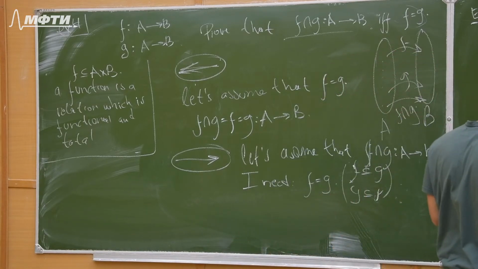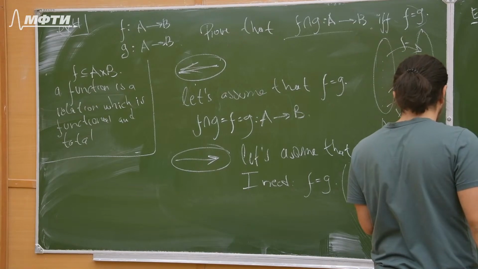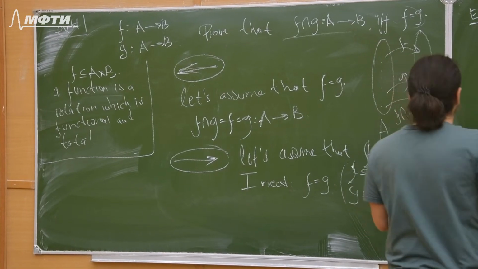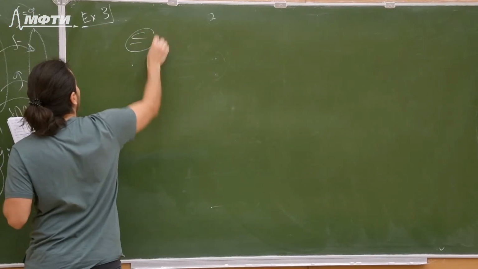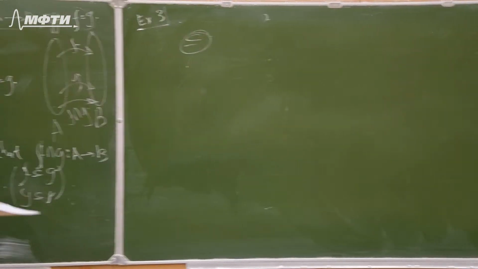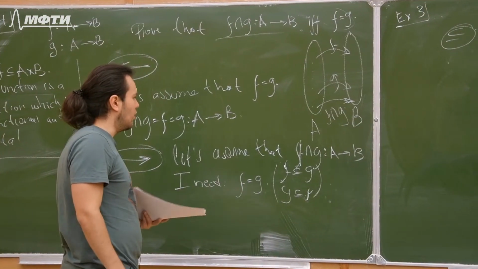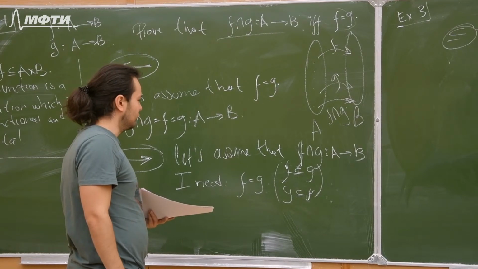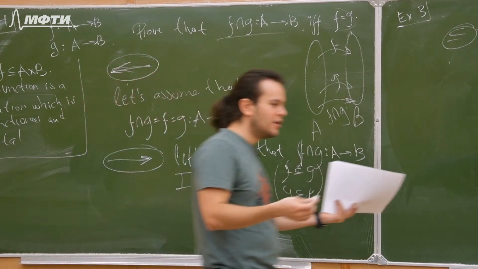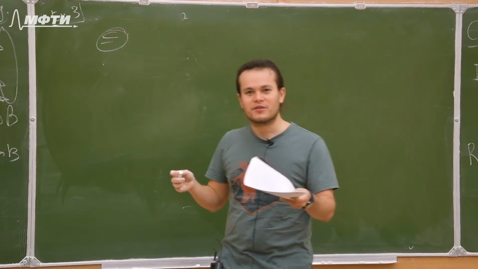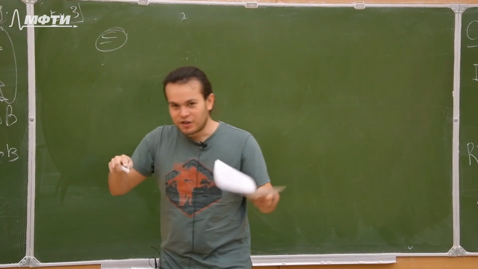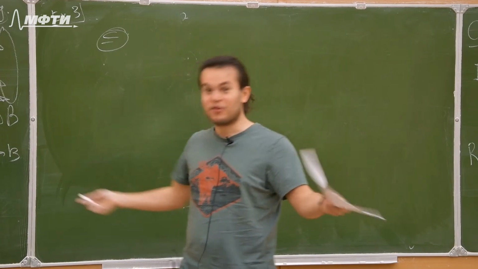Okay, so let's prove that f is a subset of g. Do not forget, functions are sets of ordered pairs. A function is a set, everything is a set here.